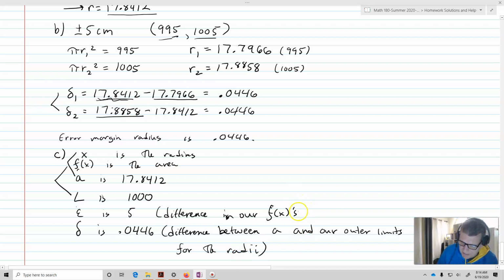When we say difference in f of x's, that's the difference in f of a and its outer bounds.